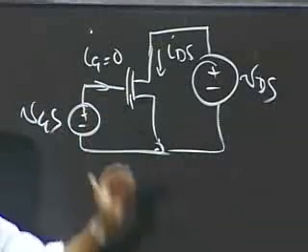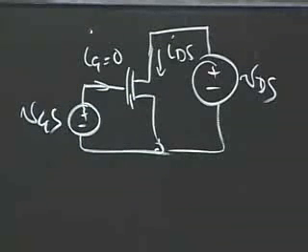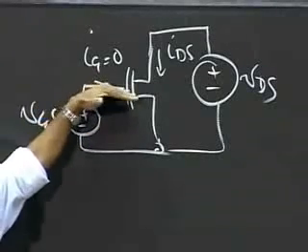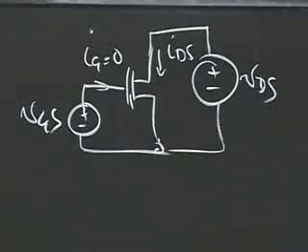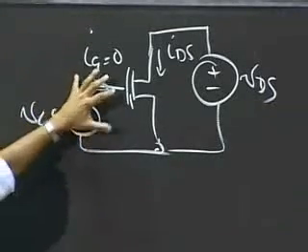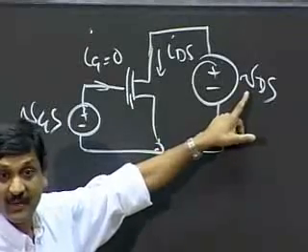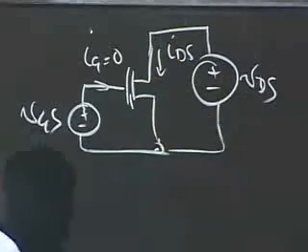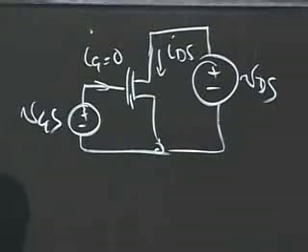Remember, IG into the gate for 6002 is always going to be 0. In much more detailed analyses of the MOSFET in future courses, you may see slightly more complex behavior, but as far as we are concerned, it's an open circuit looking into the gate. So I'm going to apply a VGS across the MOSFET, apply a VDS across the MOSFET, and plot IDS versus VDS. First let me show you what you already know.